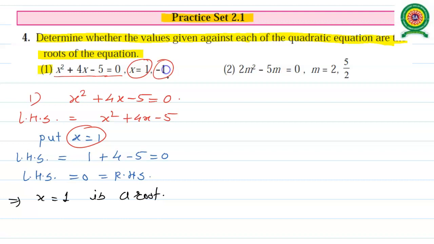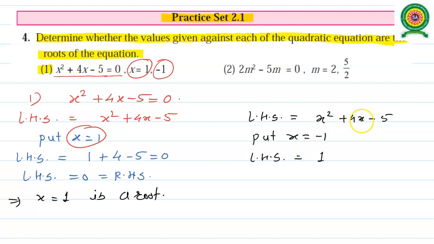Now let's check whether x equals minus 1 is a root of the given quadratic equation or not. Let's consider again the LHS: x square plus 4x minus 5. Put the x value as minus 1. After simplifying the LHS, minus 1 whole square is 1. 4 ones are 4, but plus into minus gives minus 4.